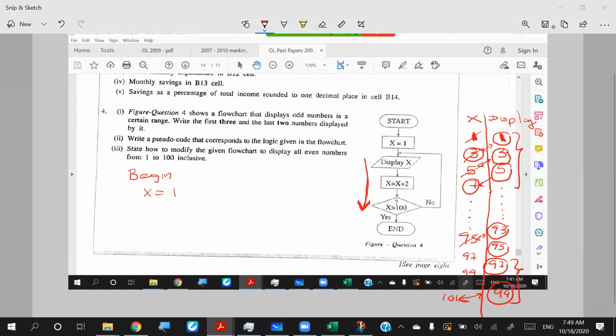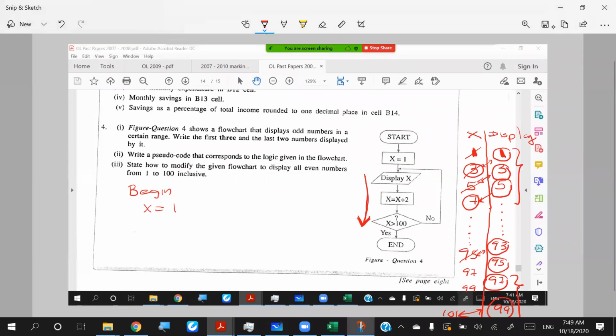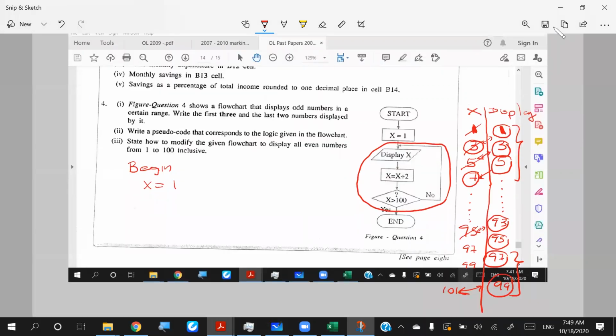So this particular part, when you are writing something like this, now you need to represent the loop, right? So when you are writing the pseudocode, you can't write the loop condition at the bottom, right? You can if you use a repeat until, but if you are going to use a while, then you have to write it at the very top.